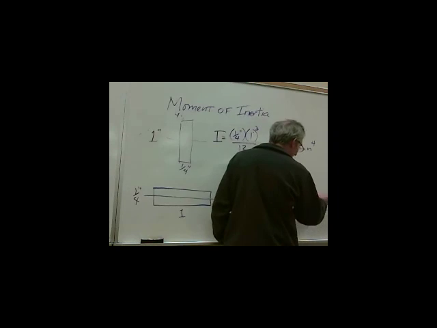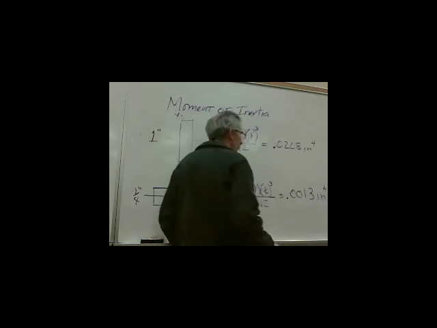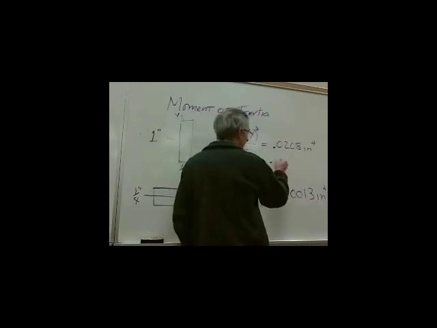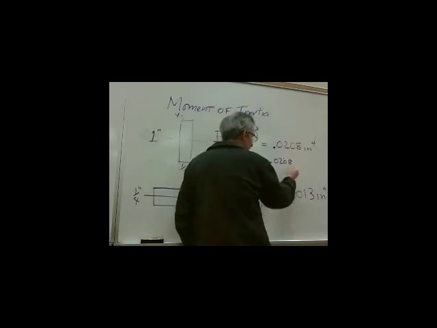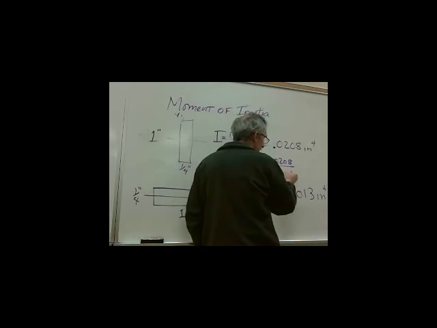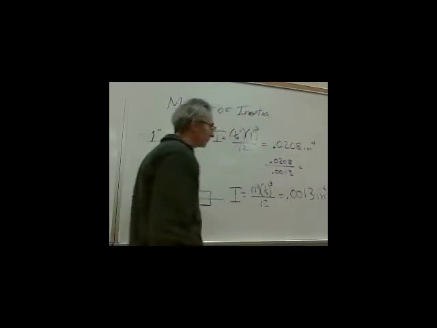Now again, that's inches to the fourth. That's a real small number, but do this for me. Take 0.0208, which was the moment of inertia before, divided by 0.0013. What do you get?